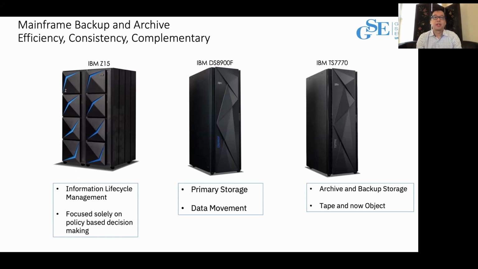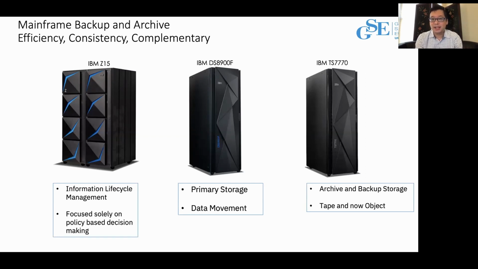So our goal here is we want the Z, or the mainframe, to become just the information lifecycle management software. It makes policy decisions, you make the decisions on what data you want to send, and it gets out of the movement of data through the mainframe. We want to move that to the DS8000, your primary storage device.